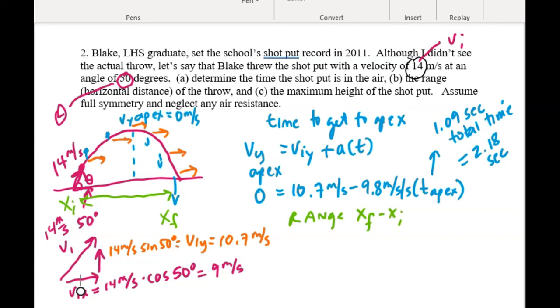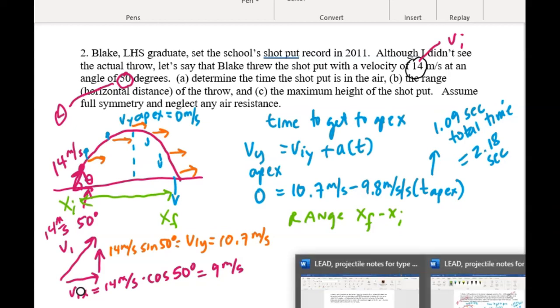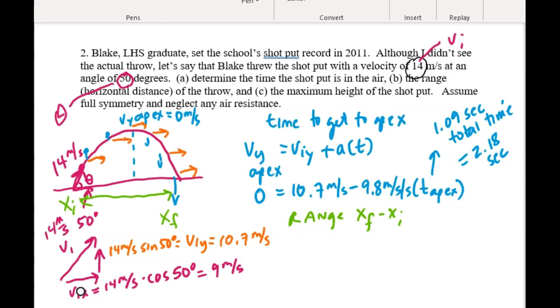And we know then it's traveling in the horizontal direction, the shot put's traveling with constant velocity. So we have CV. So we know then xf equals xi plus Vx times t, where that time is going to be the total time.